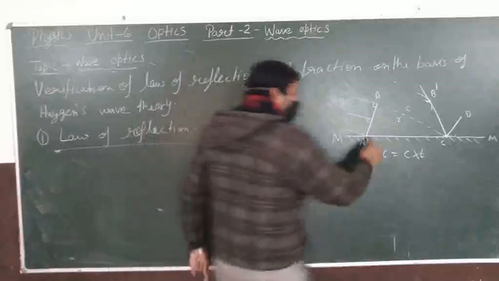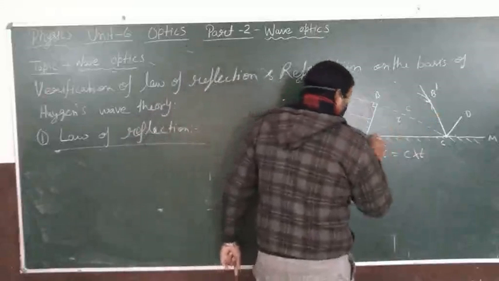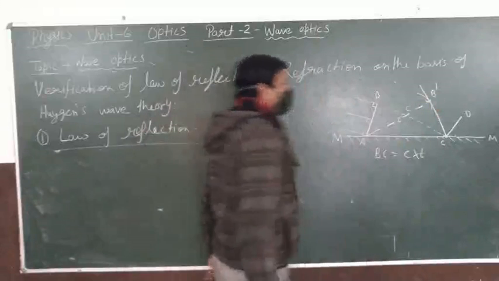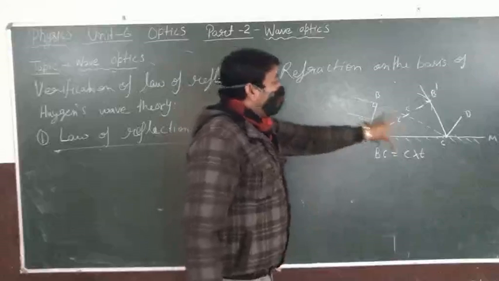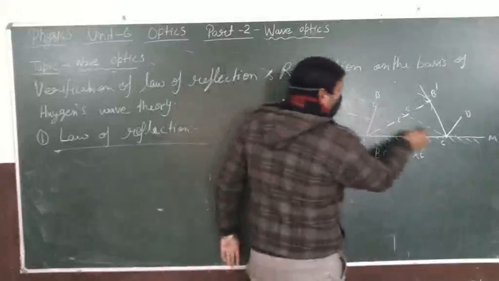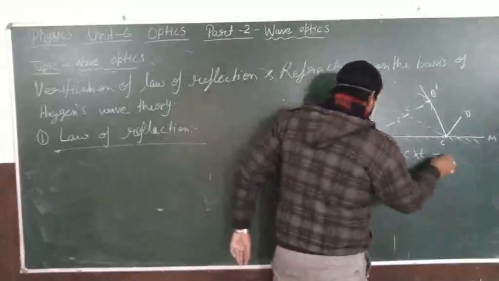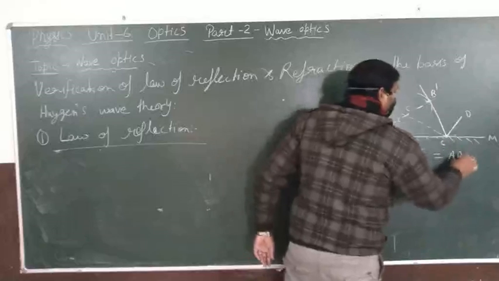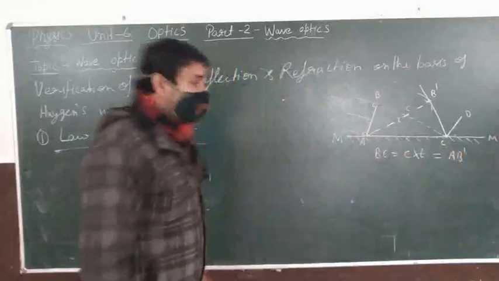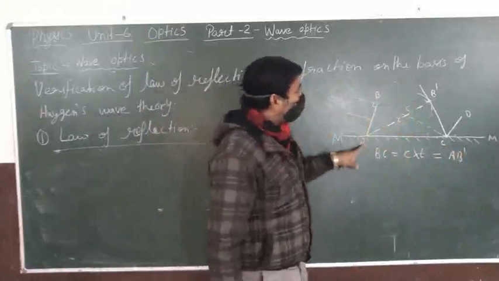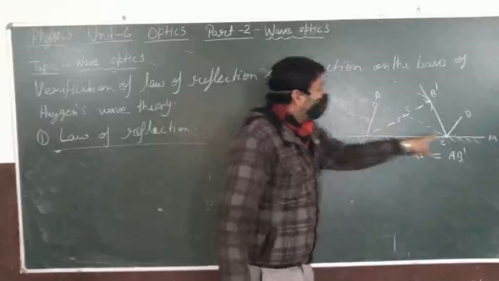Now when we join A to B dash, we observe that it is equal to BC as per construction, which is equal to AB dash. Is it clear? Because AB dash is the arc taken with BC as radius.